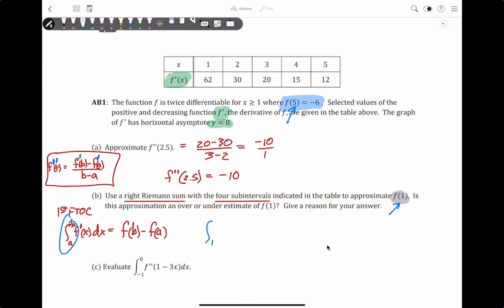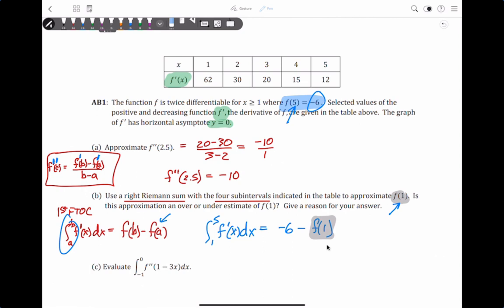So I'm going to say from 1 to 5 the integral of f prime of x with respect to x will equal f of 5, which we're going to go ahead and just write as -6, minus f of a, which in this case is f of 1. Now remember, f of 1 is what we are looking for in this problem, okay?